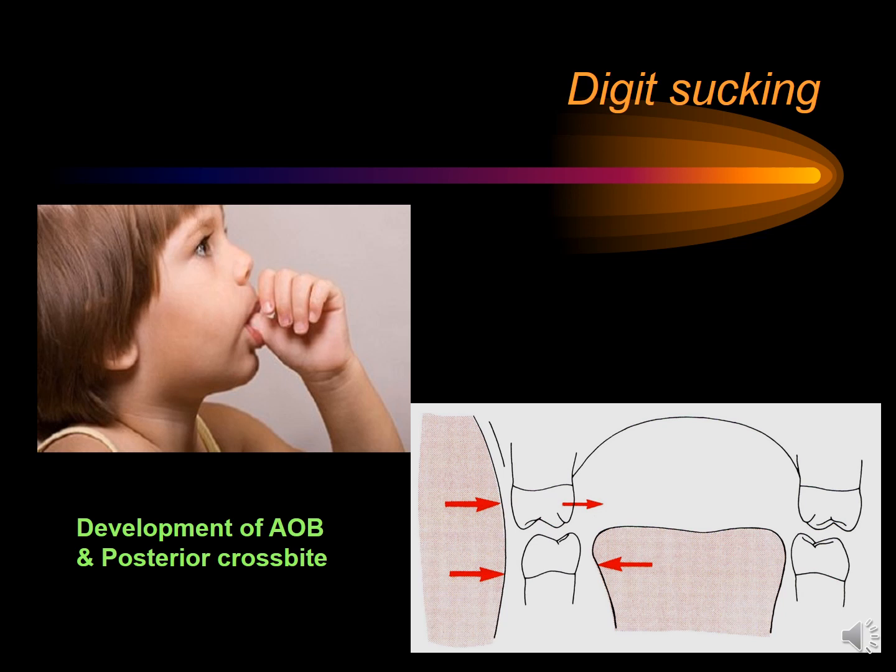Since the tongue is low in the oral cavity, it cannot counteract the pressure put on the upper buccal teeth, and thus it will develop into a crossbite.